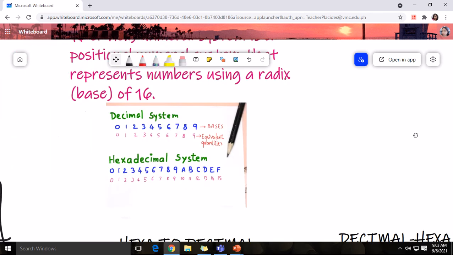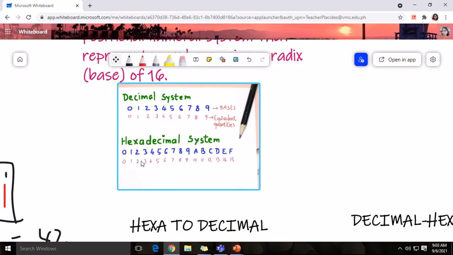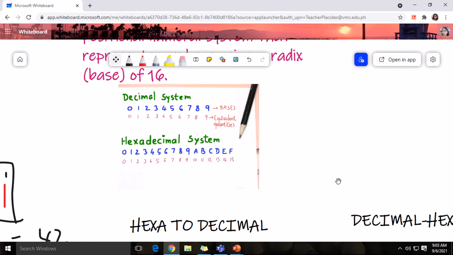So this is the equivalent of each hexadecimal digit: 0 converts to decimal 0, 1 to 1, 2 to 2, 3 to 3, 4 to 4, 5 to 5, 6 to 6, 7 to 7, 8 to 8, 9 to 9, A is equal to 10, B is equal to 11, C is equal to 12, D is equal to 13, E is equal to 14, then F is equal to 15.